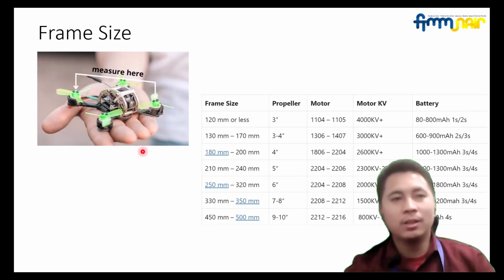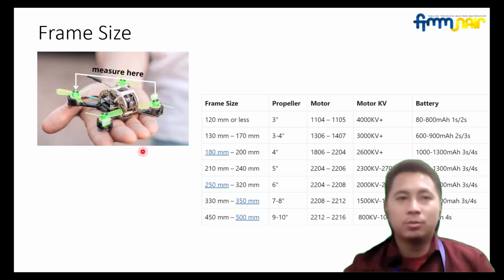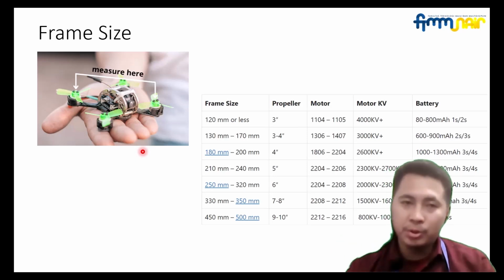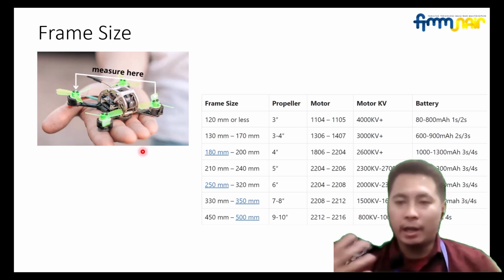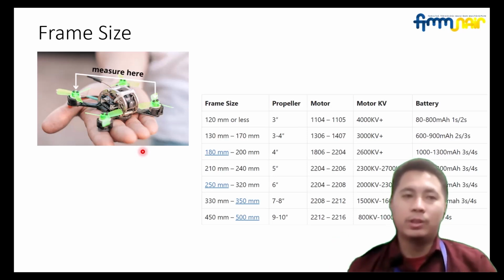And this is the frame size. The frame size is, I think, very important. The size will be the parameter to decide the proper size as well. Bigger size has bigger motor, bigger battery, and heavier lift. So how do we determine the size?